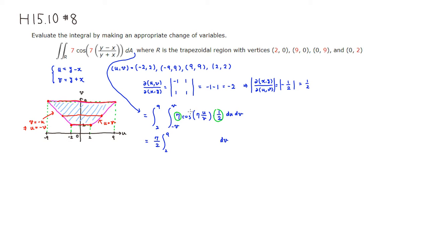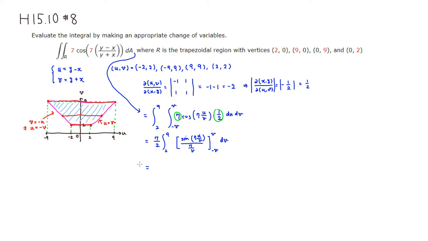The antiderivative of cosine is sine of 7u over v, divided by the derivative of that with respect to u, which is 7 over v. Then it's going from negative v to positive v.